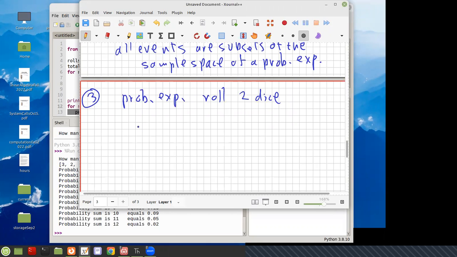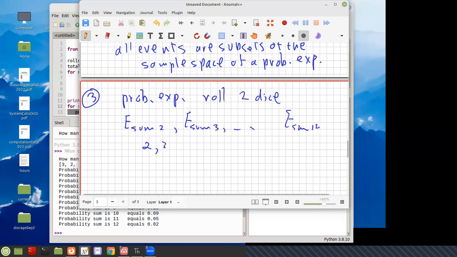Then what we're looking at are the events of the sum being 2, the sum being 3, up to the sum being 12. Because with 2 dice, the smallest sum I could get is 1 plus 1 is 2, and the largest is 6 plus 6 is 12.